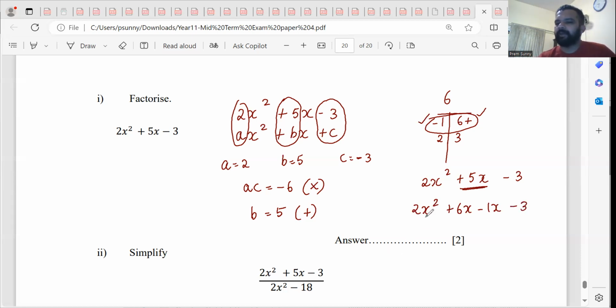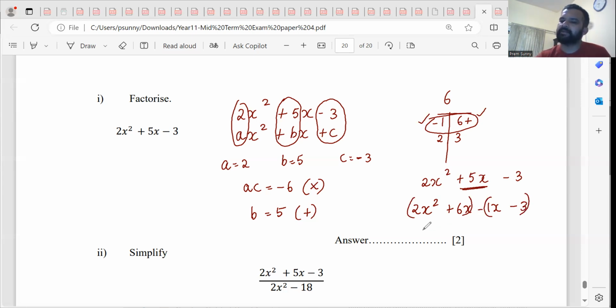Now we have four terms here: 1, 2, 3, 4. In mathematics, if we have 4 terms to factorize, there is only one method always: make it into 2 groups by leaving the middle sign as it is.